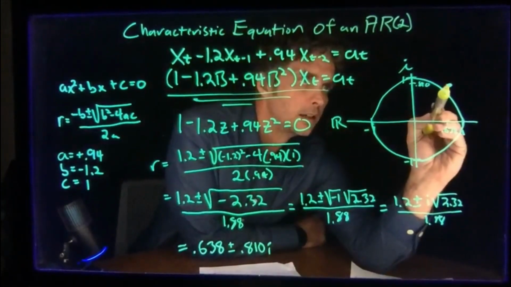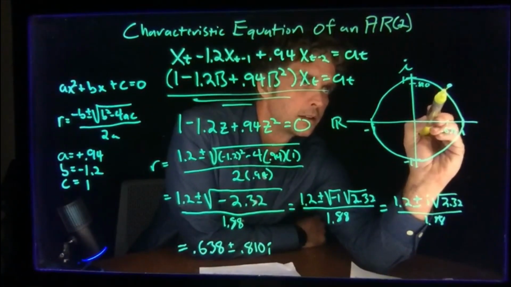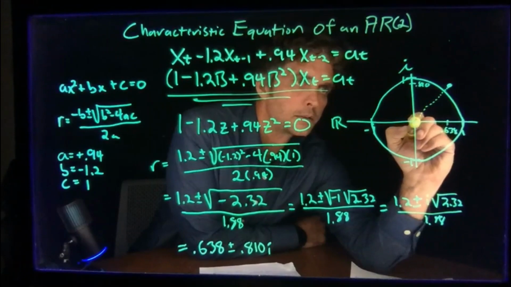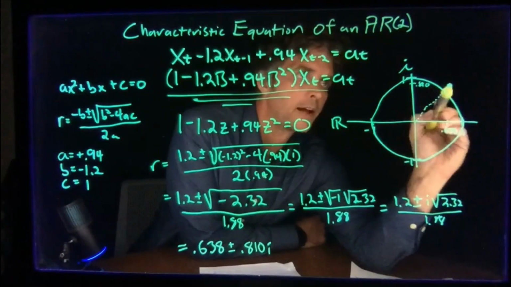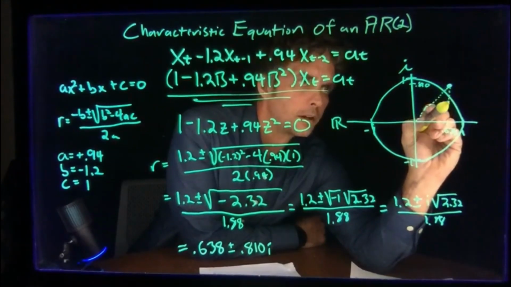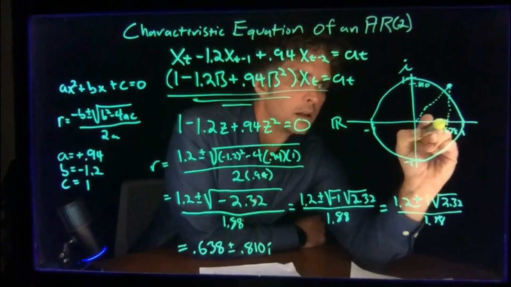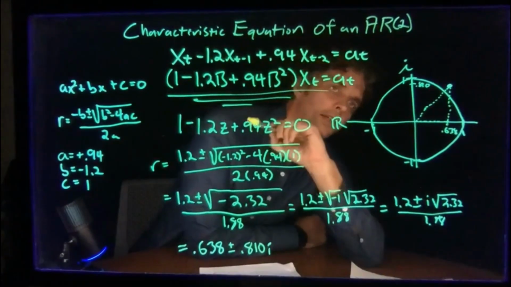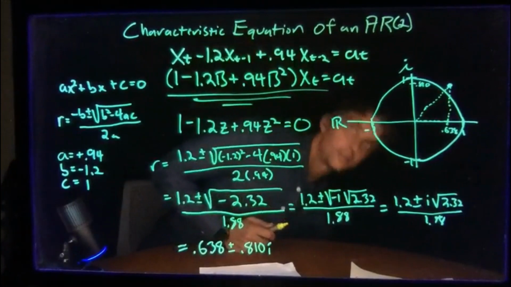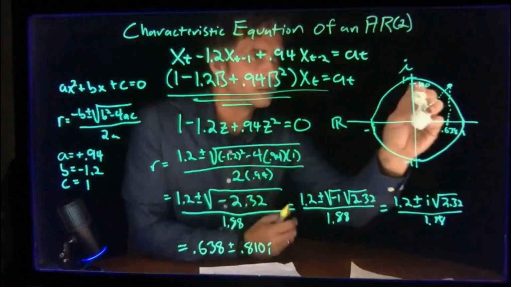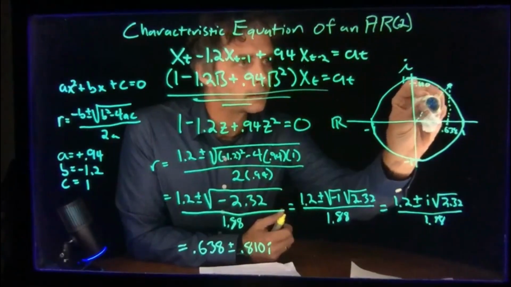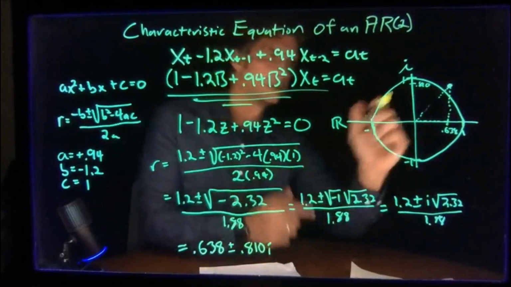This is the distance from the origin, represented by that line there. And note that this represents a triangle.